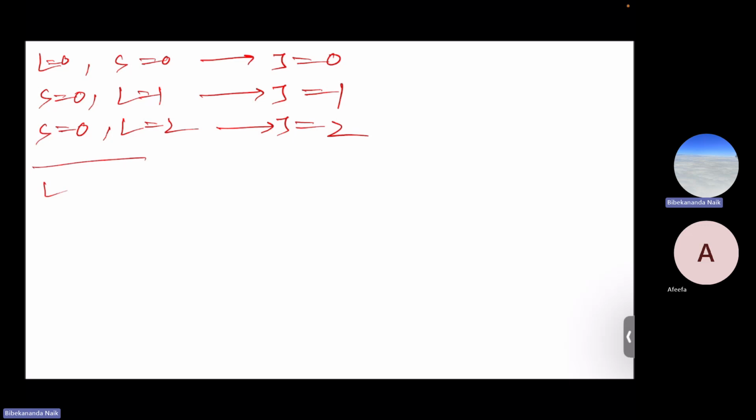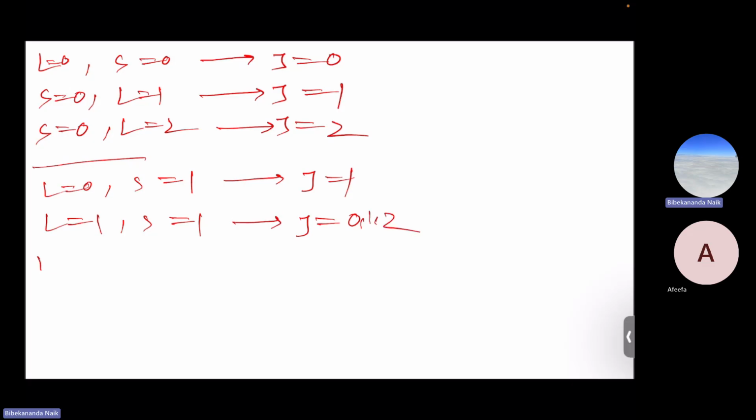But when L equals 0, S equals 1, then J is 1. When L equals 1, S equals 1, J is 0, 1, 2. When L equals 2, S equals 1, J is 1, 2, 3.